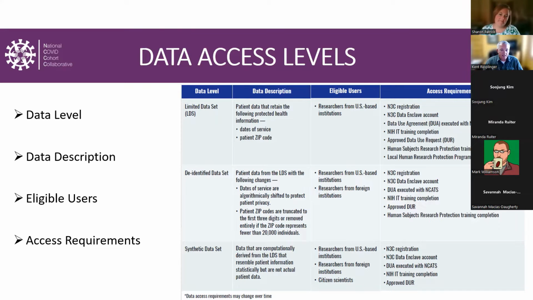Even though the N3C does not require IRB approval for level 2 data, UND does. So we had to complete an IRB for the project we're working on to access level 2 data. So it's based on your institution. And the good thing is Sharon and I are here to help any investigator out in this process.